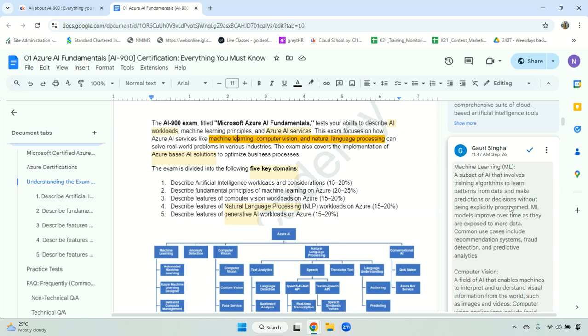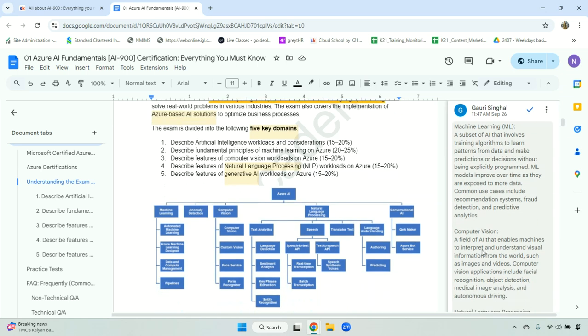Its short form is ML. ML models improve over time as they are exposed to more data. We use these training algorithms because we want to learn patterns from the data and make decisions or predictions, so for all these purposes we require it.